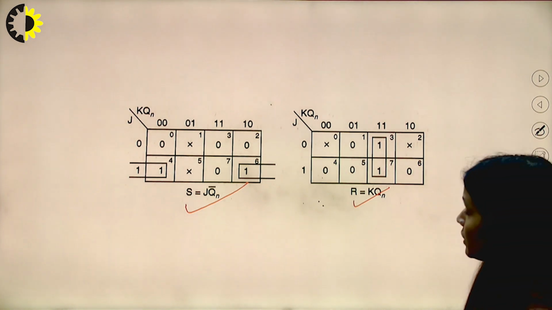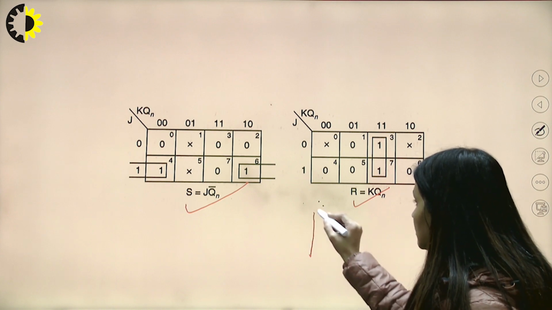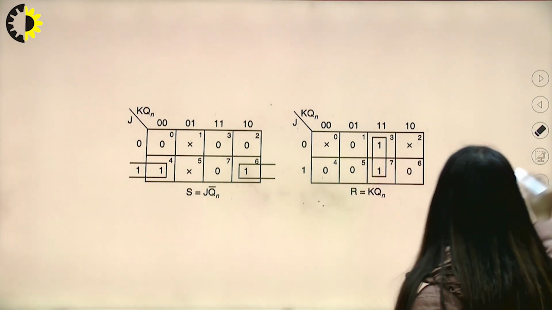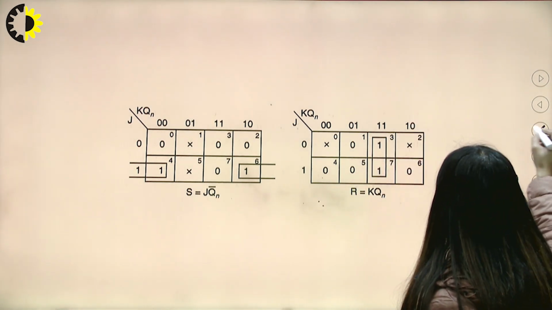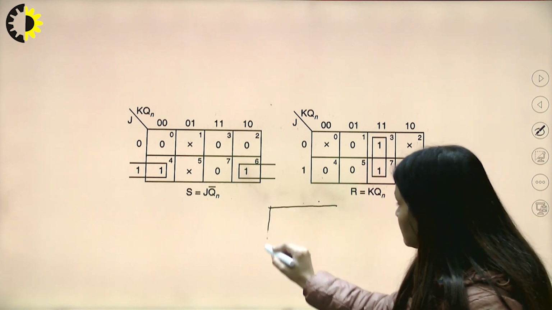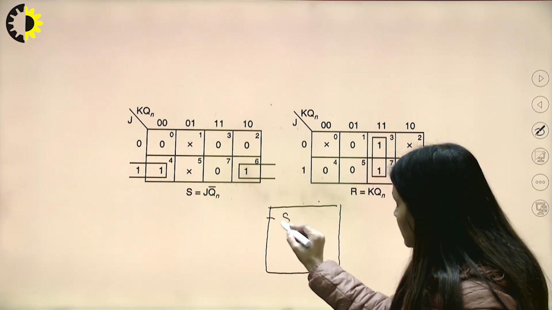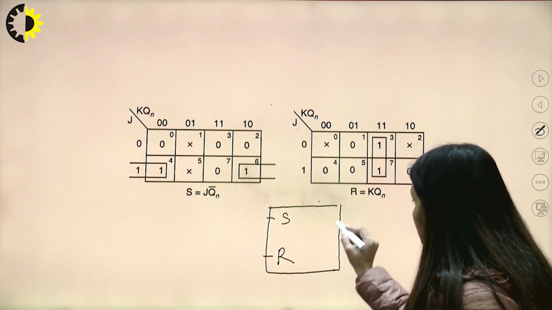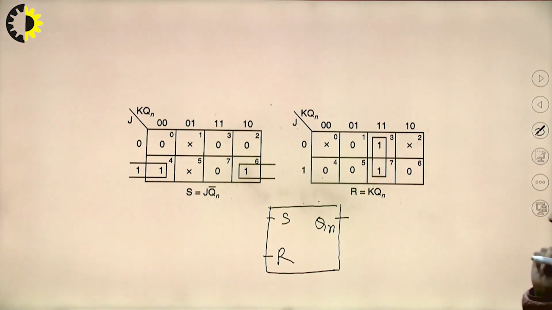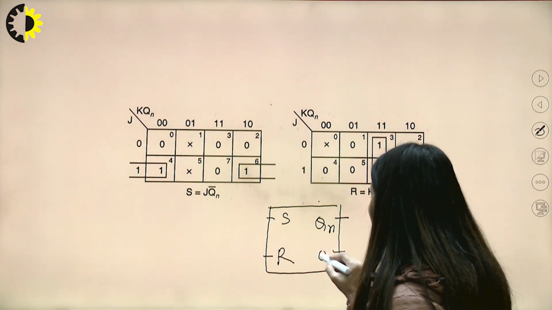Okay. So let us make the conversion. So we are having S, okay, S is equal to JQN bar. So it is QN bar.